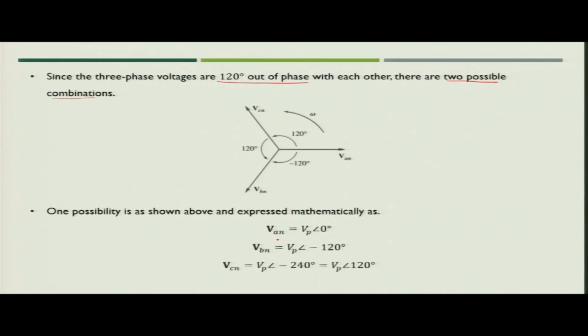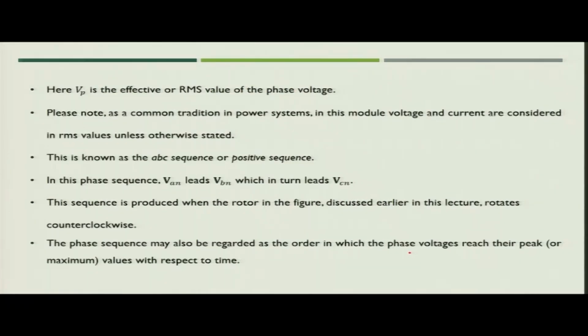In terms of phasors, VAN you can write as VP angle 0 degrees, which is the RMS value of the voltage. VBN you can write as VP angle minus 120 degrees. VCN you can write as VP angle minus 240 degrees, or you can say VP angle 120 degrees. Here VP is the RMS value of the voltage.